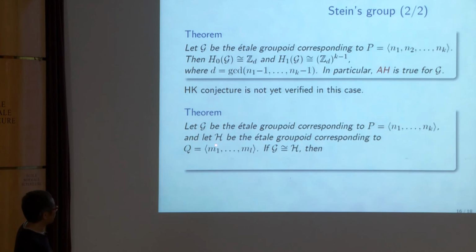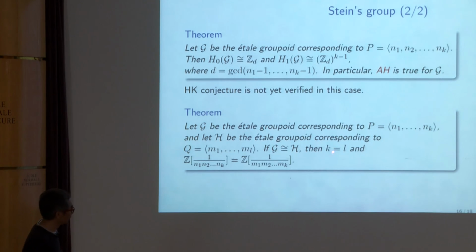If I'm given two Stein groupoids, P generated by these natural numbers and Q generated by these natural numbers, and if G is isomorphic to H as an étale groupoid, then I can show k must be equal to l, and also this is equal to this.